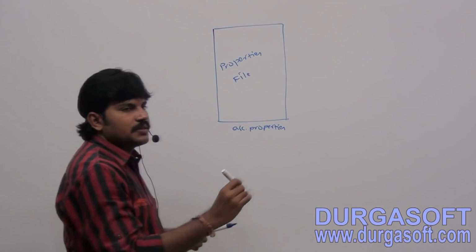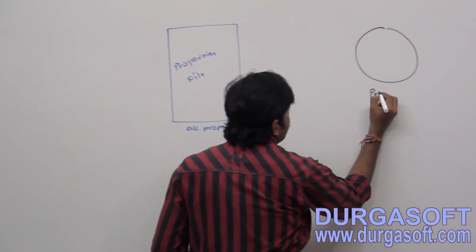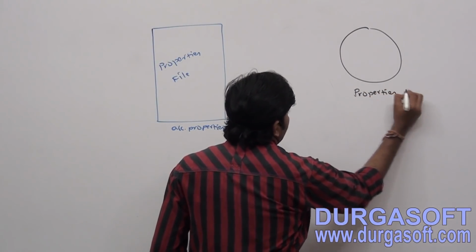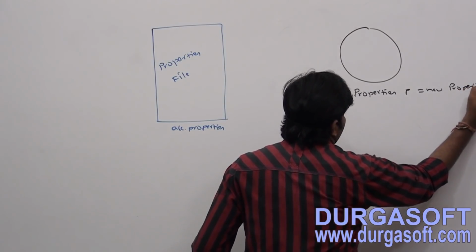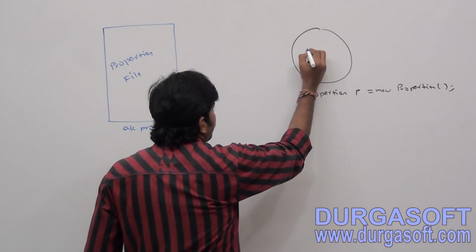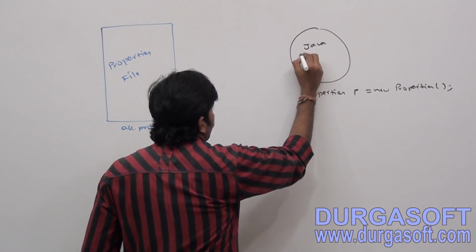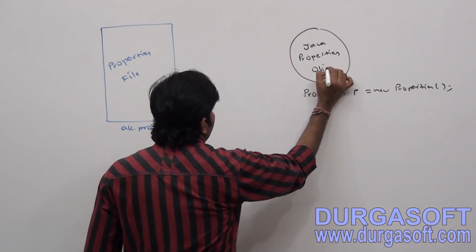Now my target is, I have a properties object: Properties p = new Properties. What is this? A Java properties object.